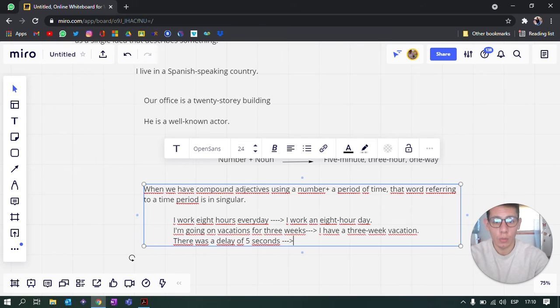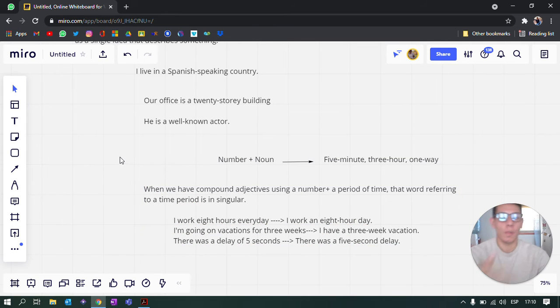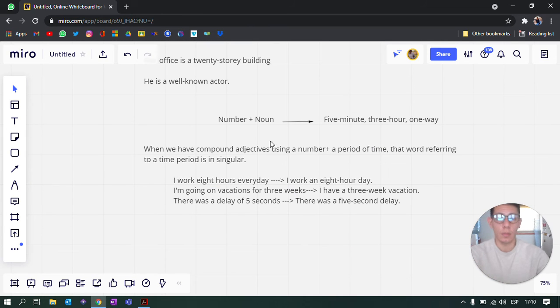We can say there was a 5-second delay. So this is one of the most common: number plus noun. We have the number, we have the noun, and with both we make one adjective: 5-minute, 3-hour, one-way, 8-hour, 3-week, 5-second, always with this idea of a number and a period of time.